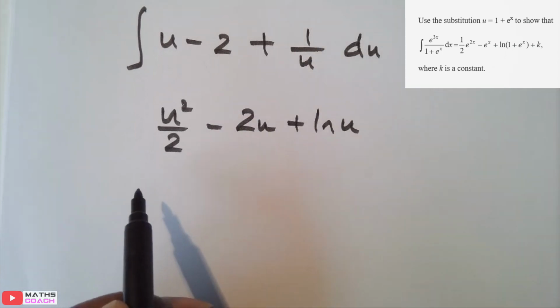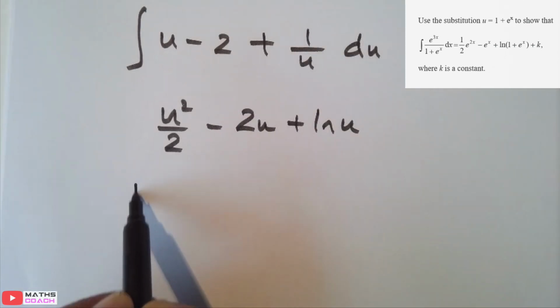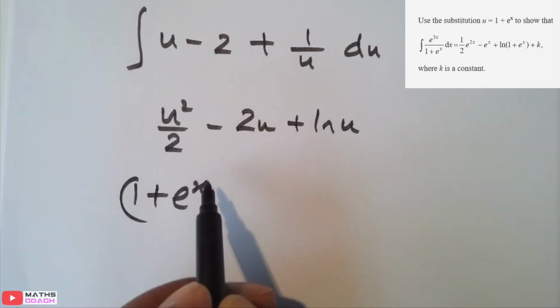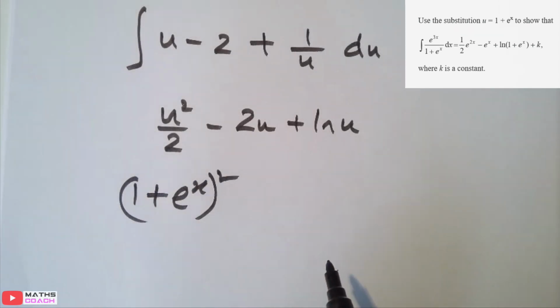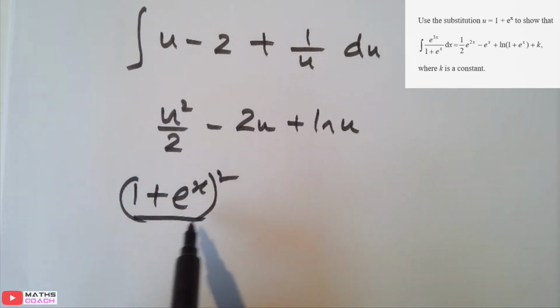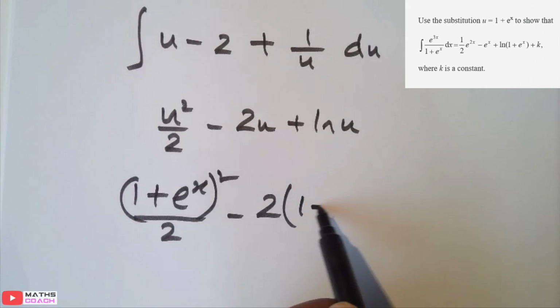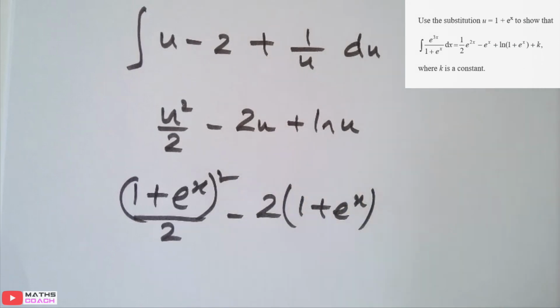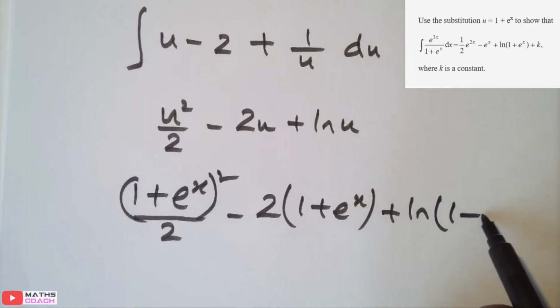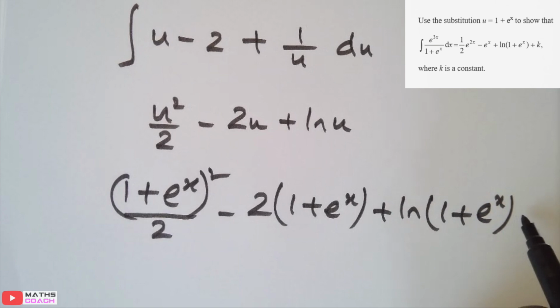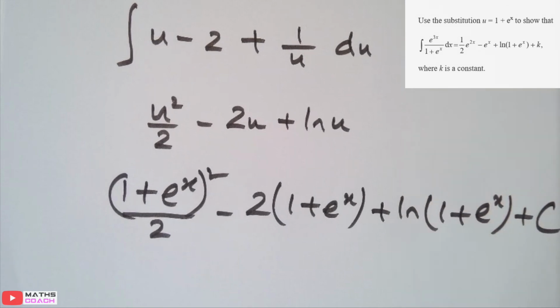So we now have 1 plus e to the x, squared, over 2, minus 2 times 1 plus e to the x, plus ln of 1 plus e to the x, and don't forget we have a constant c.